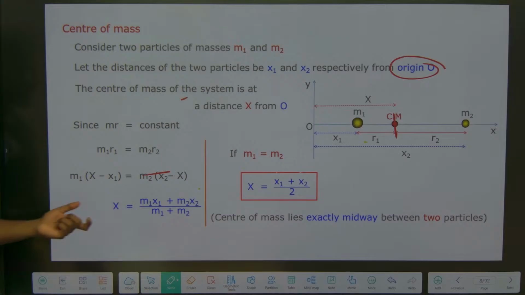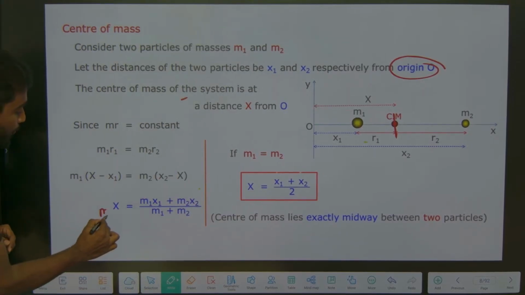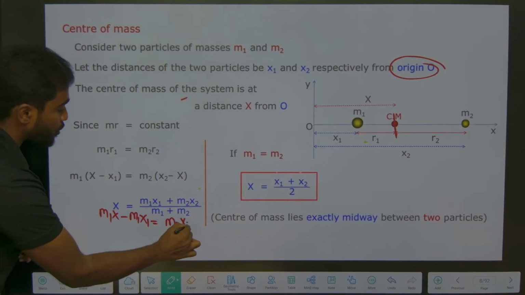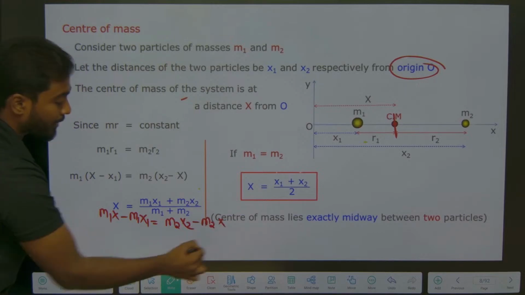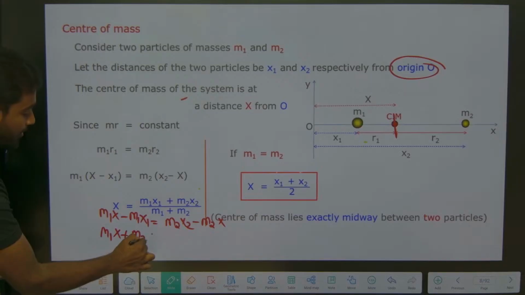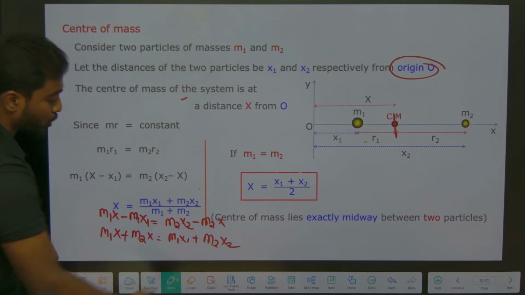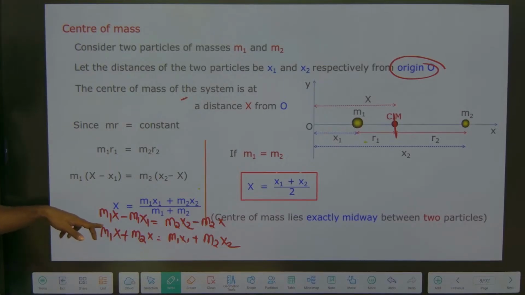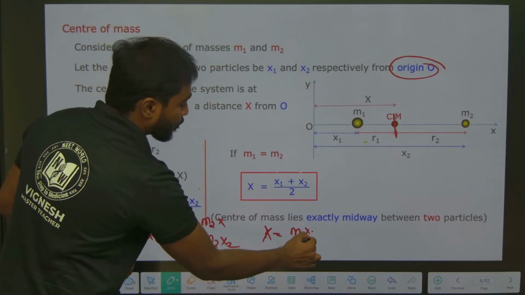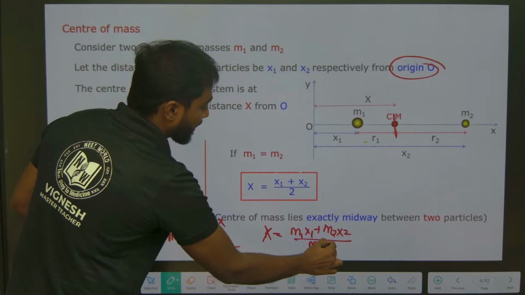From this I need to find x. So m1 x minus m1 x1 equals m2 x2 minus m2 x. When I take m1 x plus m2 x, it equals m1 x1 plus m2 x2. Taking x common outside, x equals m1 x1 plus m2 x2 by m1 plus m2.